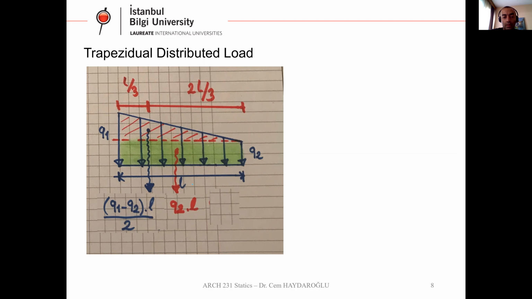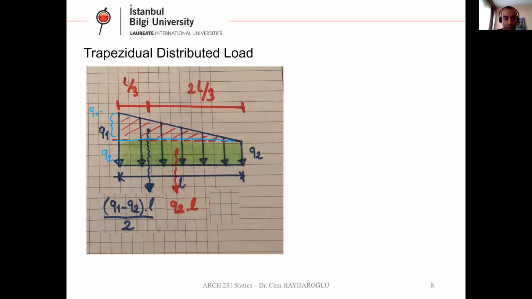So let's have a look at the triangle. This part is Q2 because we divided it. So what is this part? This part is Q1 minus Q2, right? Okay, the rule is same. Calculate the area.